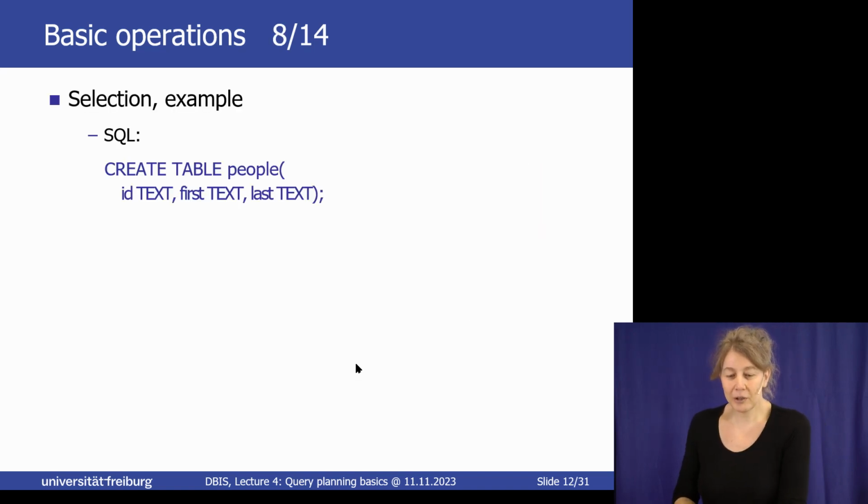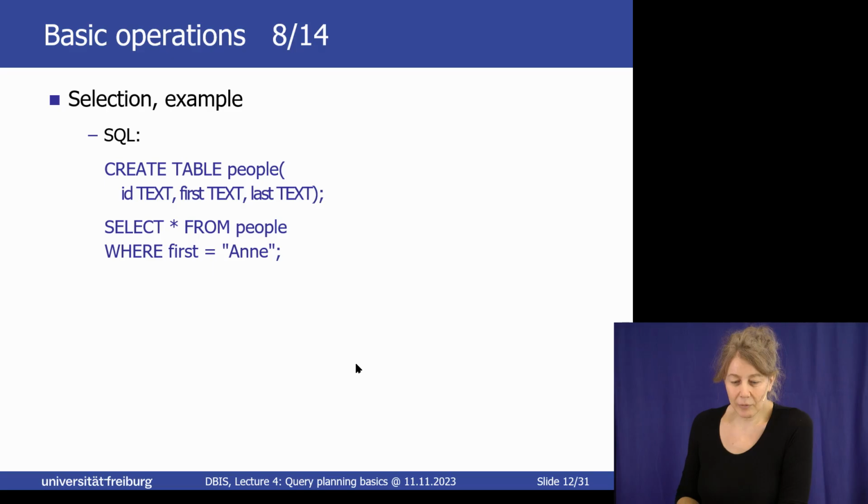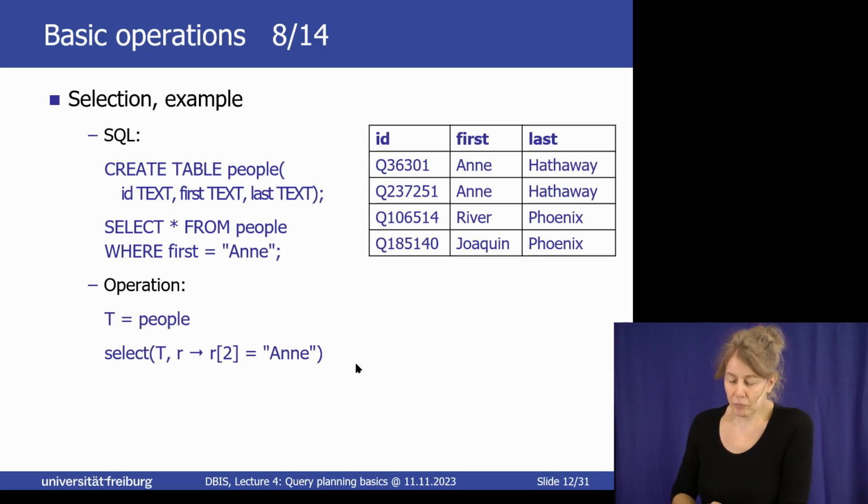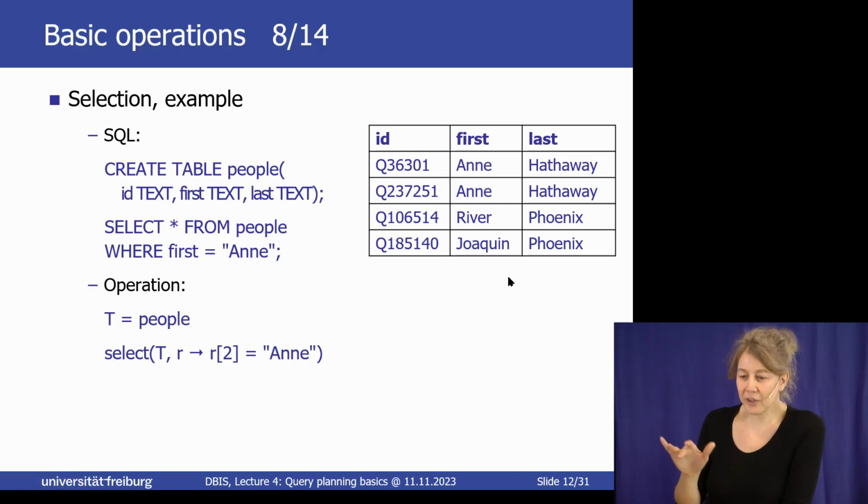Here's an example. So it's the same table now. Our select query is everything from people where first is equal to n. So, how many rows and how many columns will the result have?